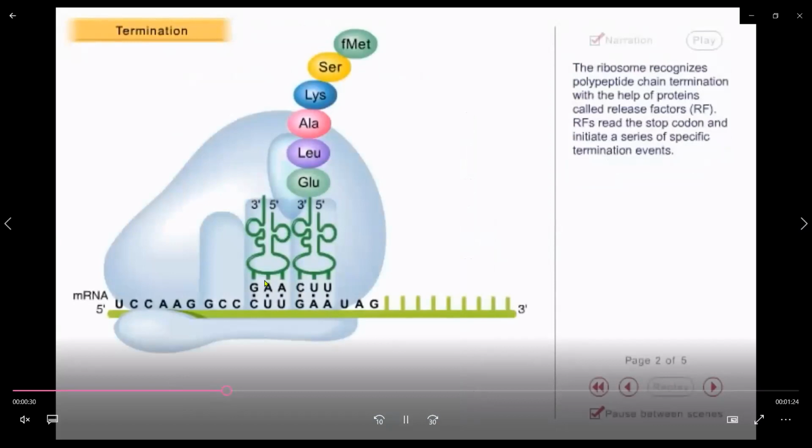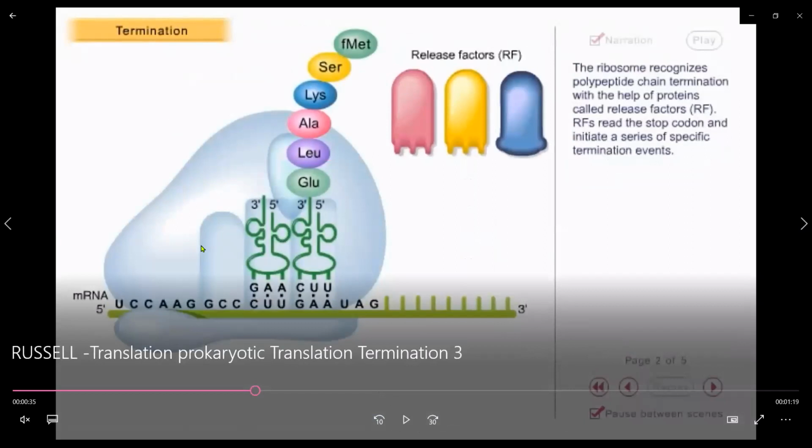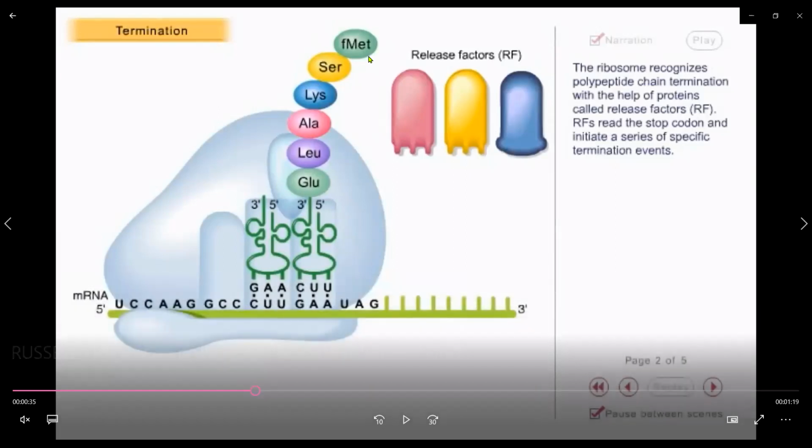So this is where we had seen, if you can see, what did we see? This is the E site, this is the P site, and this was the A site containing the tRNA with the growing polypeptide. As we saw how the amino acids are being added, one after another, this was how the amino acids were added.